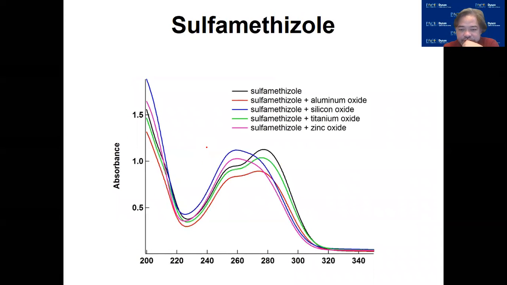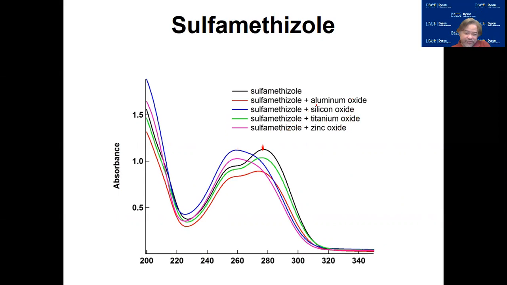absorbance. So in terms of sulfamethizole, if you're going to look at this, it has the highest absorbance at this peak, but when you add it with different nanomaterials, okay, so for the one with the titanium oxide and zinc oxide, it decreased, although the profile still remains the same.